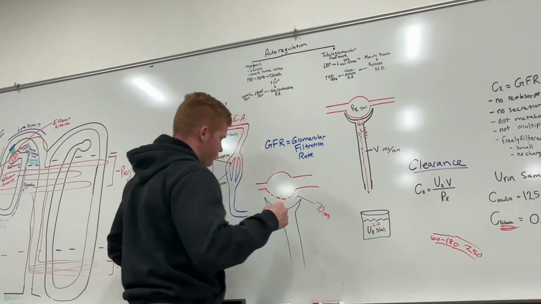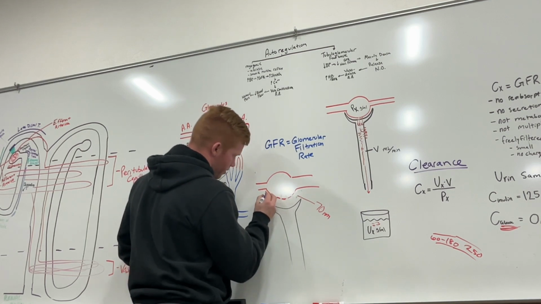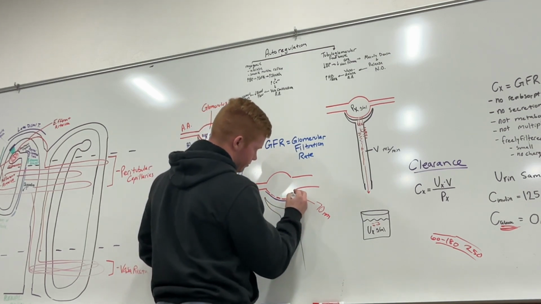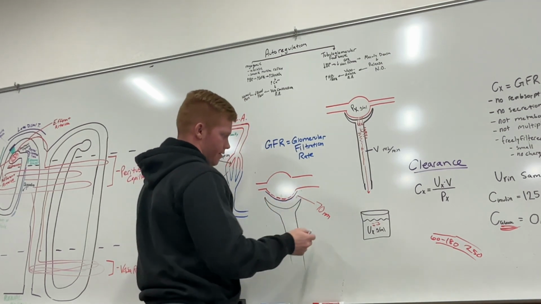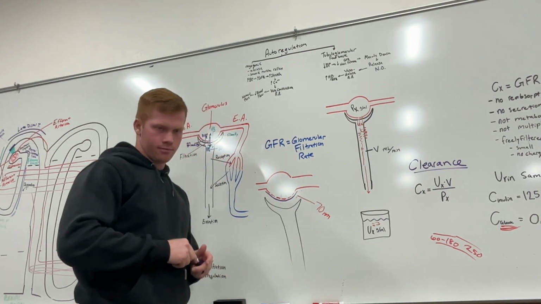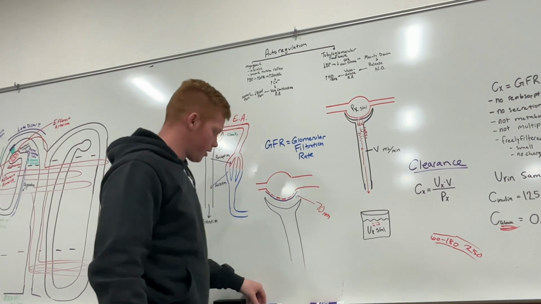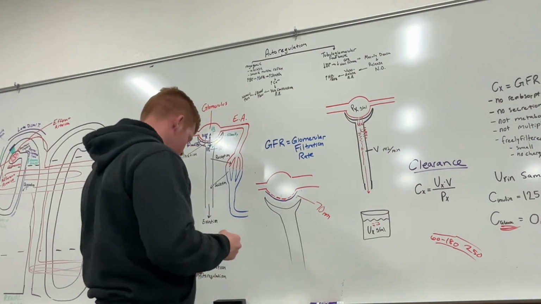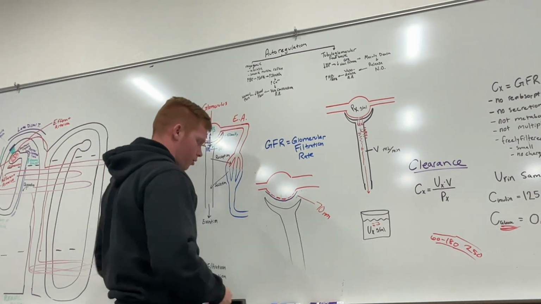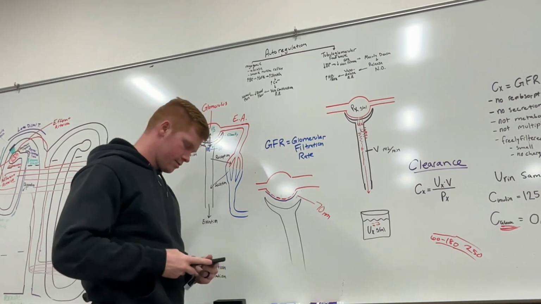But then we have something called the basement membrane. That's even smaller. I can't remember the number, but it's smaller than 70. And so that's filtering things even more. And then we have these things called podocytes.